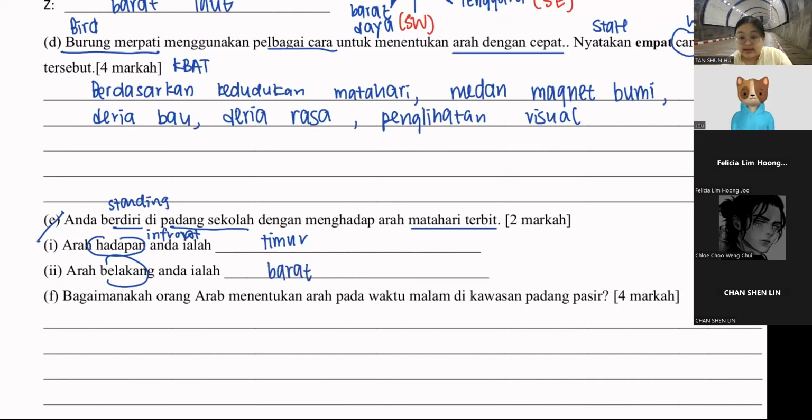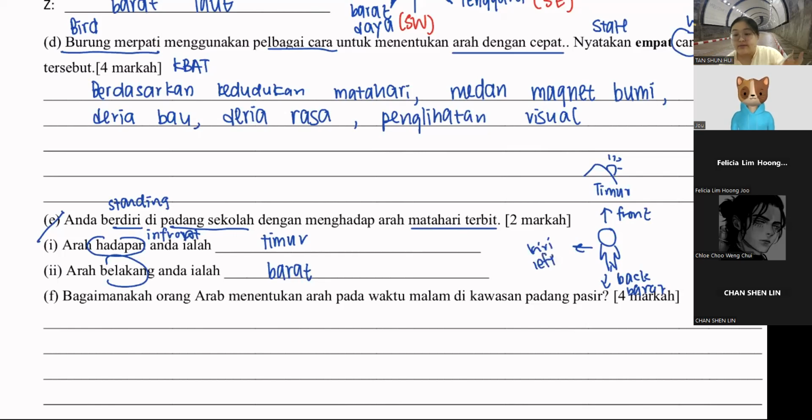Okay. Can? So this is you. If you're facing matahari terbit, this is timur. If in front is timur, back will be barat. If back is barat, how about the left? Kiri, the left.